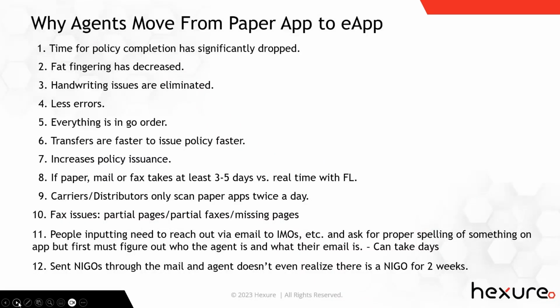So, some of the reasons why people are moving from paper app to e-app has a lot to do with the ease of having an interface and a step-by-step guide on filling out every piece of the application exactly the way that the carrier wants it.